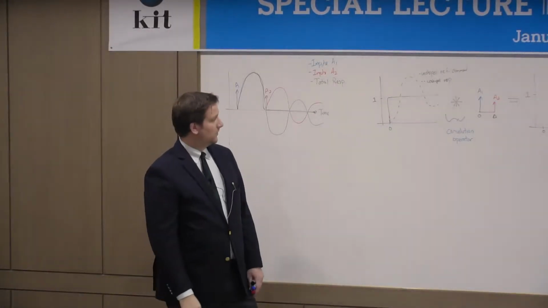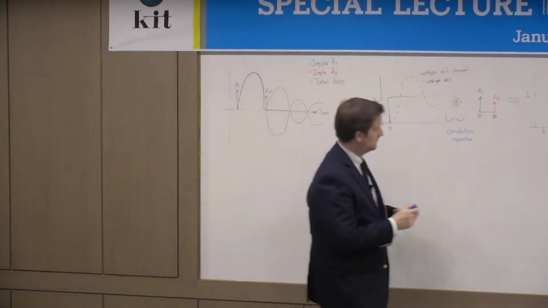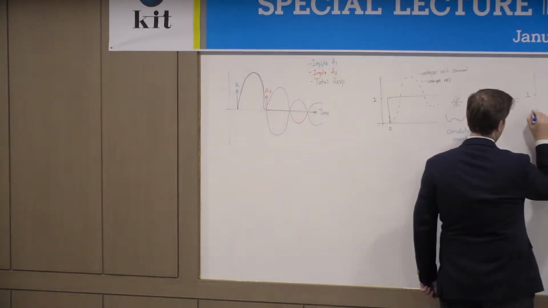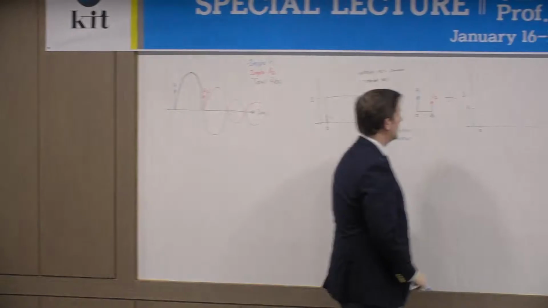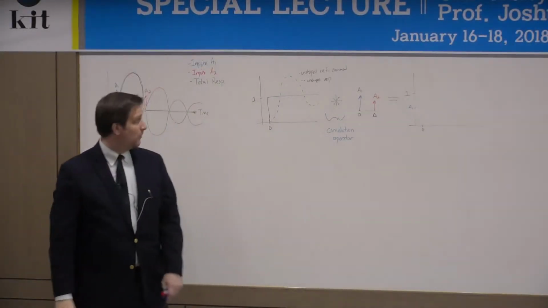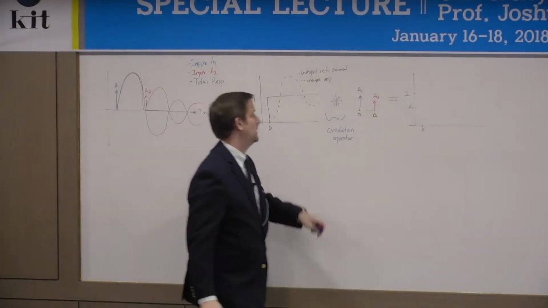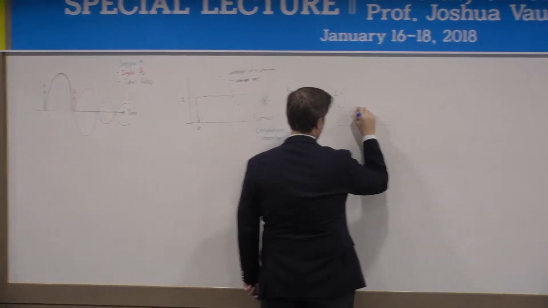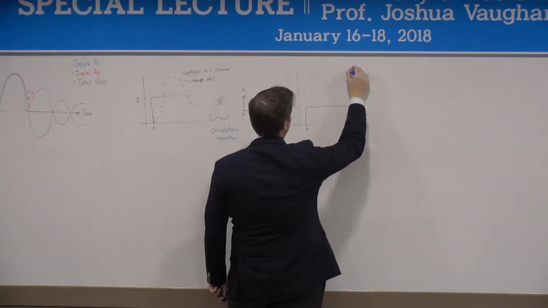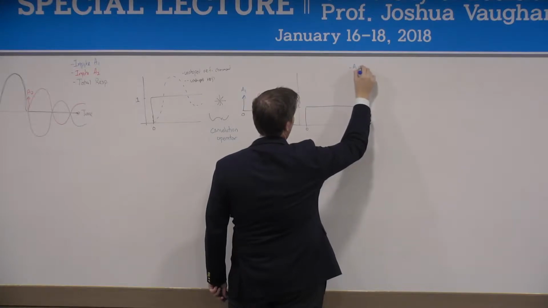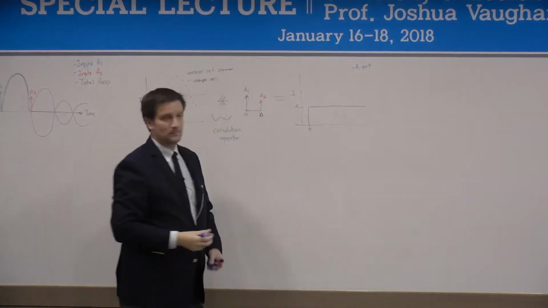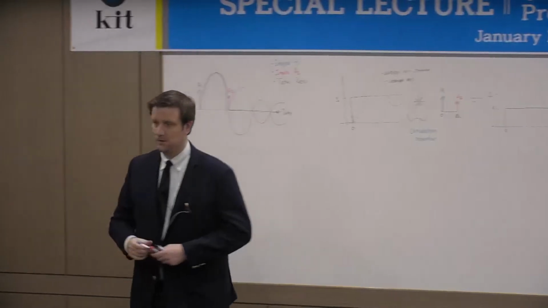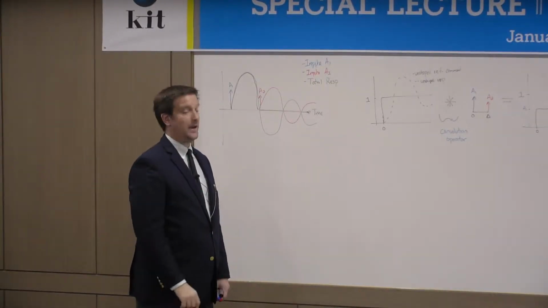So for the A1 part of the command, instead of a maximum of 1, we get a maximum of 1 times A1. And that just starts at time 0. Okay. So that's the first part of my command.